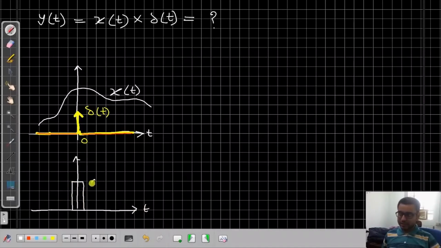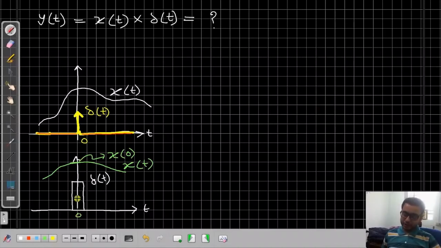So this is delta(t), and let me also draw x(t). x(t) within this small narrow region is fairly constant. This is x(t) zoomed in, and the height of x(t) at this point is the same as x(0).